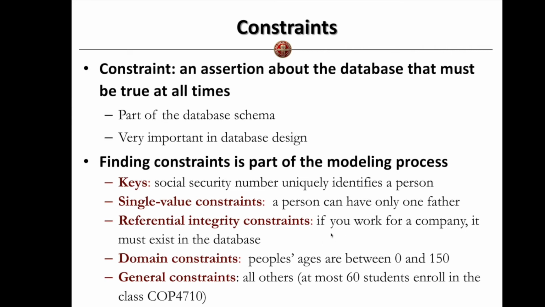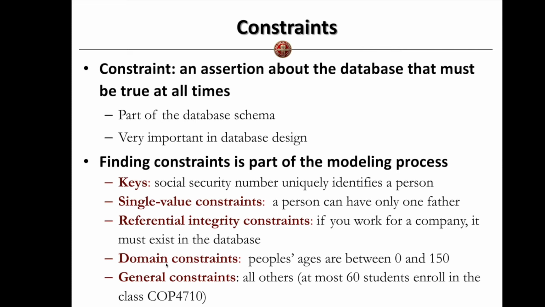For example, if we create a relationship between an employee and a component, then once we add a relationship between you and a component, that component should exist in the database system. We cannot connect you with a non-existing component.